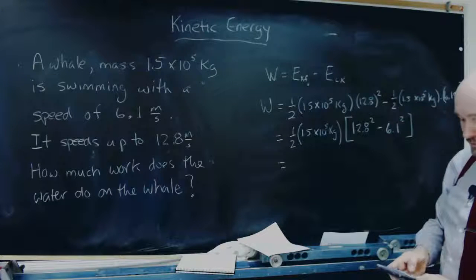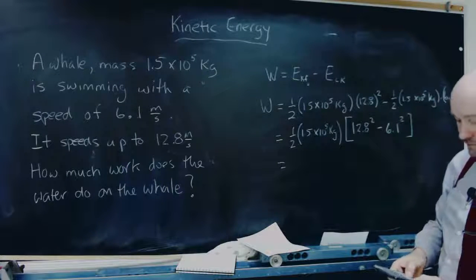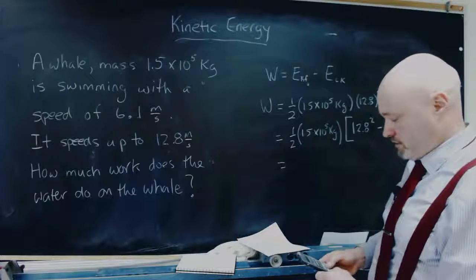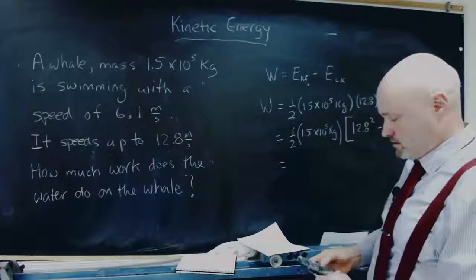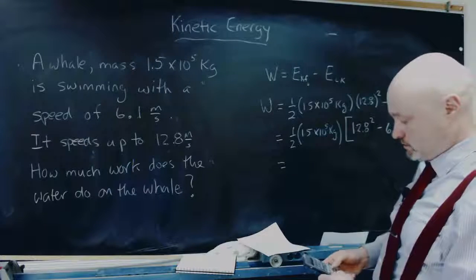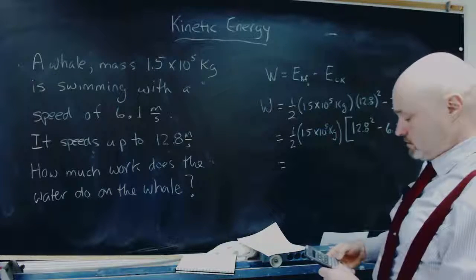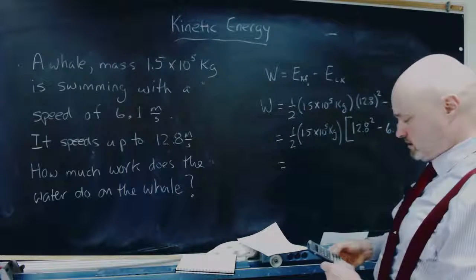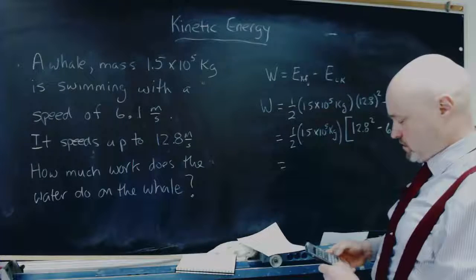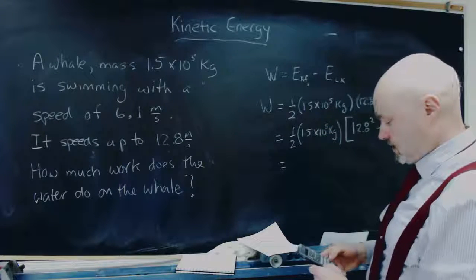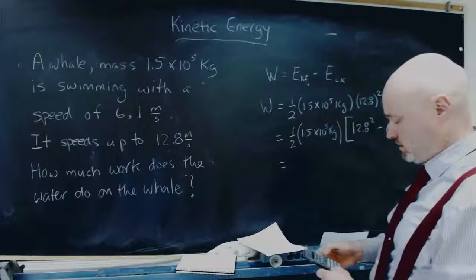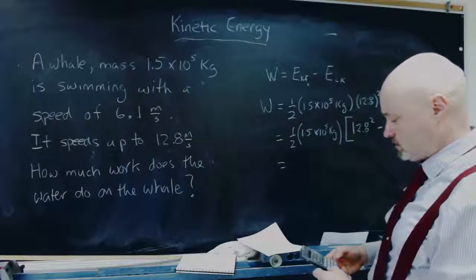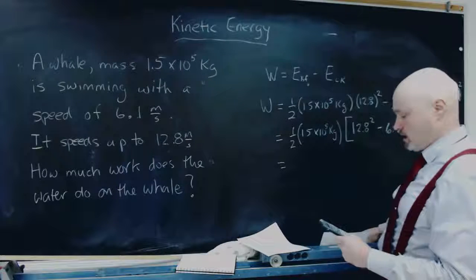So 0.00, almost made a fatal error there. 0.5 times 1.5 to the 5th times bracket 12.8 squared minus 6.1 squared bracket equals, wow, this is a lot of work.